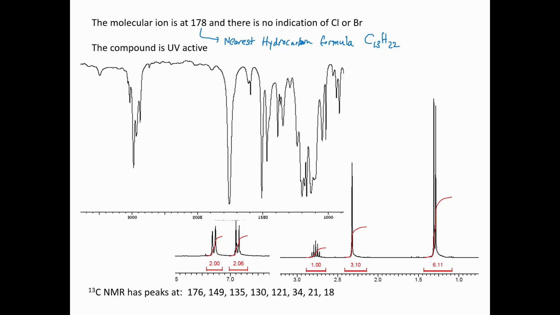So C12H34 isn't really a good starting point. Potential, but not the best place to start here. We could have more carbon, C14H10, but this would just be a molecule that's incredibly unsaturated. All right, so let's start there.